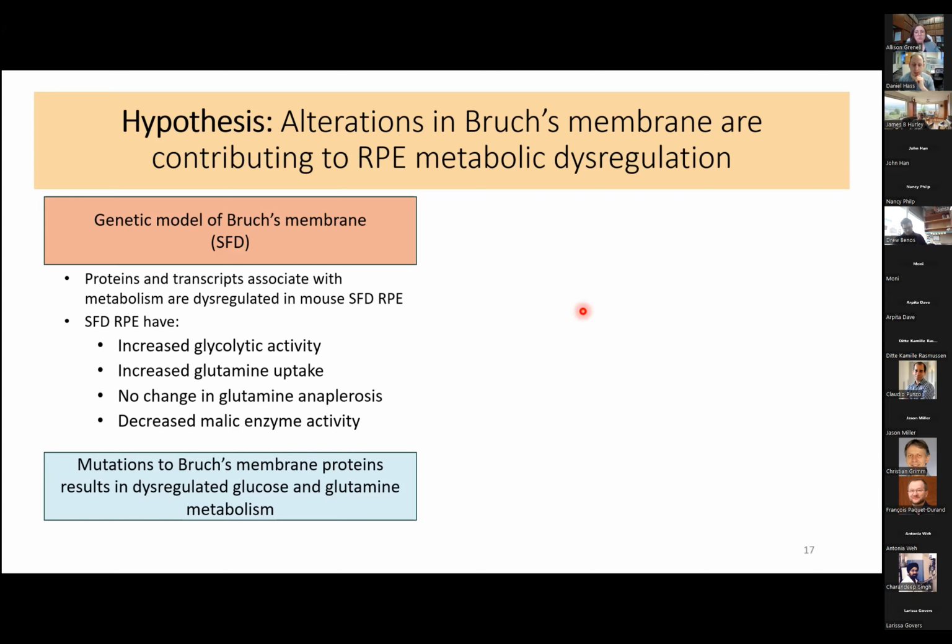Well, the pool size is up and the labeling is down. So when you just account for, I don't think you can necessarily say that total enzyme activity is up because you don't know whether the labeling is down due to an increase in pool size or less activity.